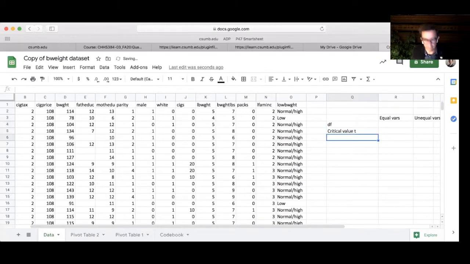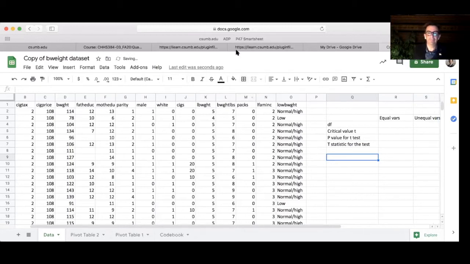Then the critical value, then the p-value for the t-test, and also the t-statistic for the test, right? We're going to calculate all that.